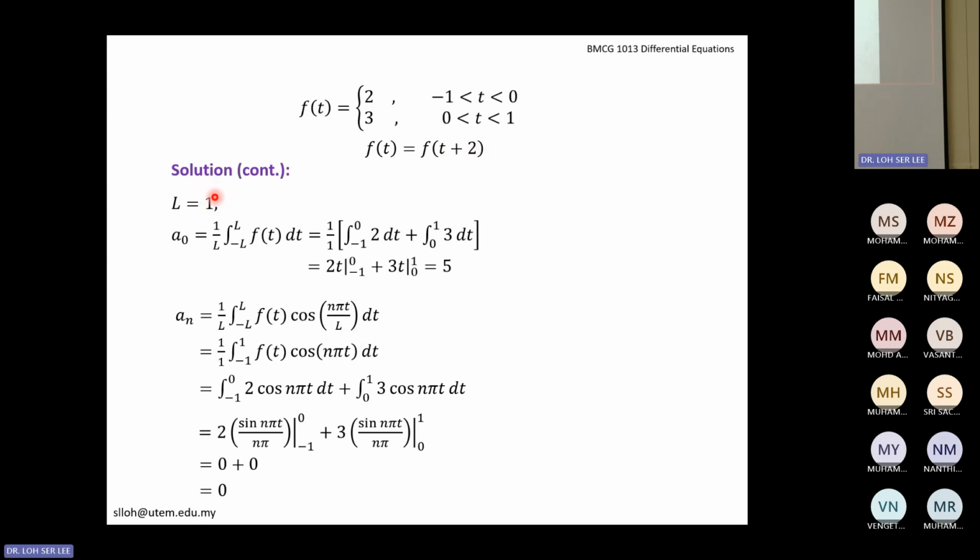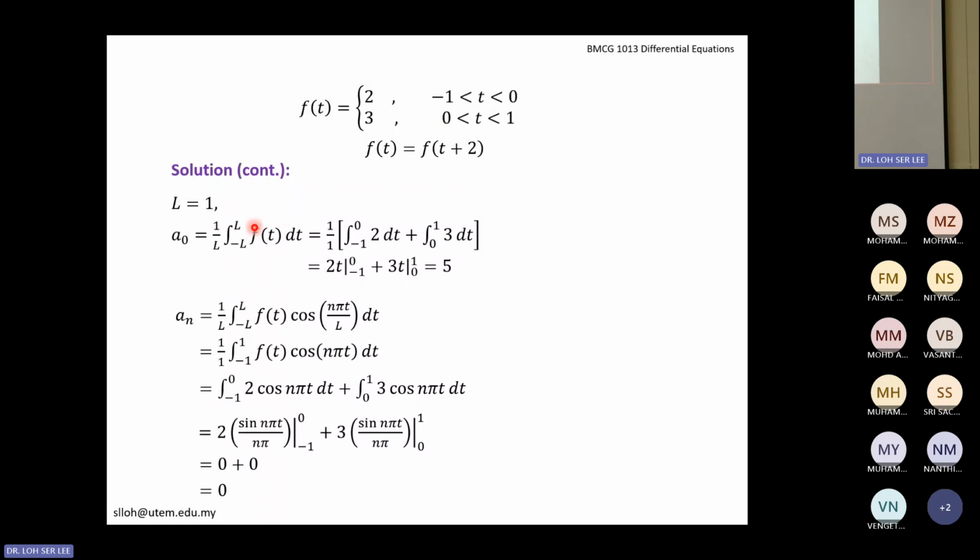After that, you just substitute the value of L into the formula for a_0. This is the formula for a_0. So we substitute L by 1. This is -1. But you have 2 different functions in this interval and that interval. We want to integrate from -1 up to 1, but you have 2 different functions in these 2 different intervals.